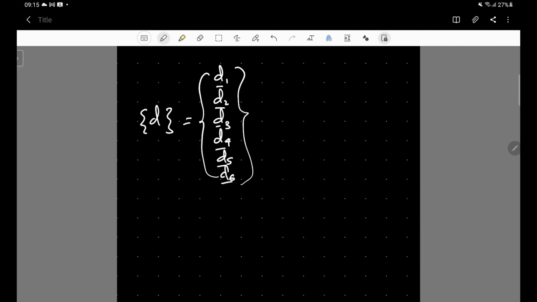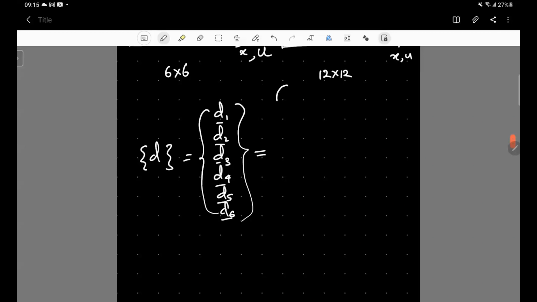And each node has 2 degrees of freedom, so the displacement of each node will have an x component as well as a y component.